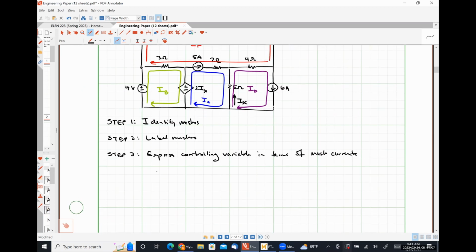So in this case, we have another current, IX. What's it going to be in terms of our mesh current? ID minus IC.